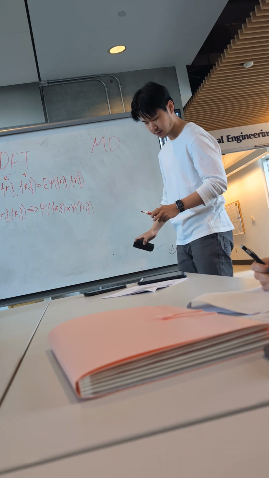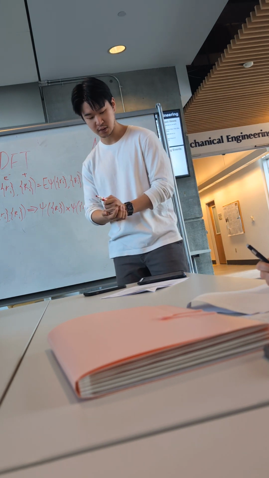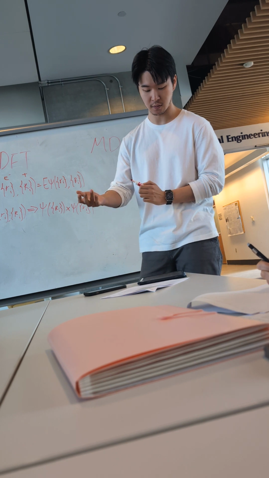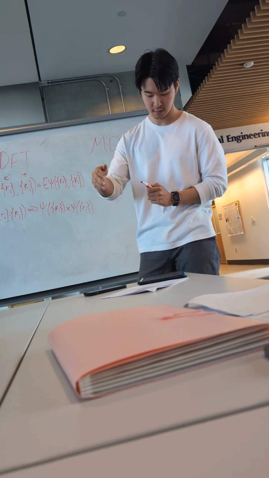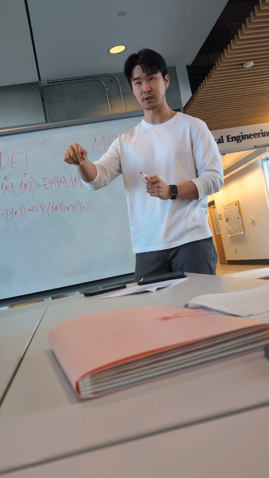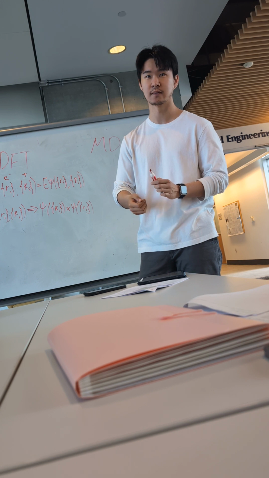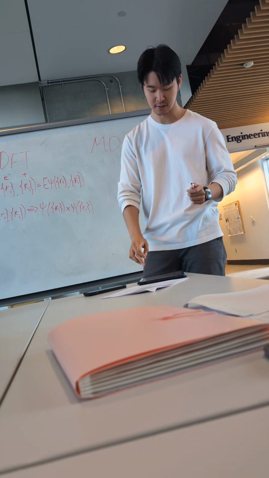However, for example, if you want to solve the structure for CO2, and in the molecule there are 22 electrons, and you look at the three dimensions for each electron, there are 66 dimensions that you have to solve, which is insane. The computer just cannot do that.